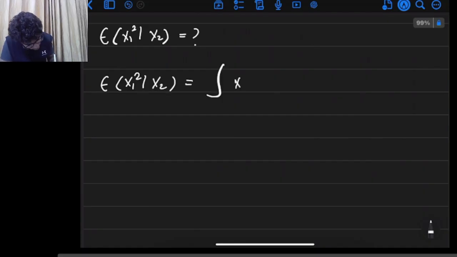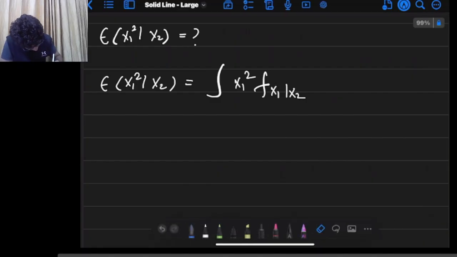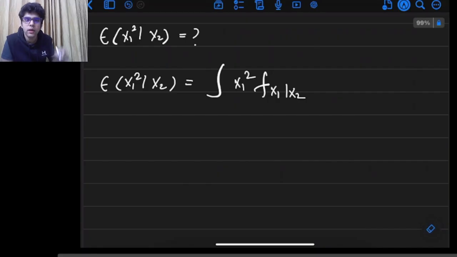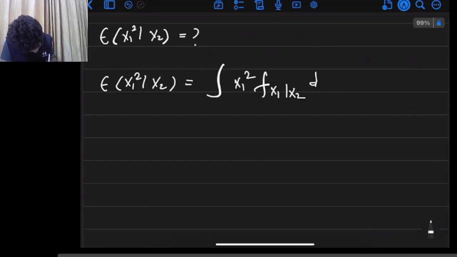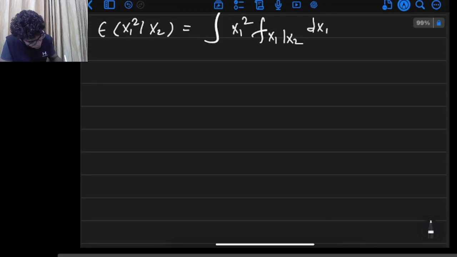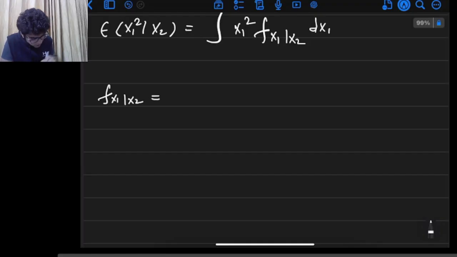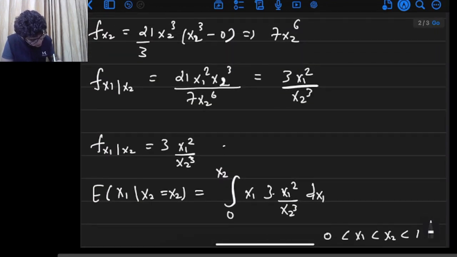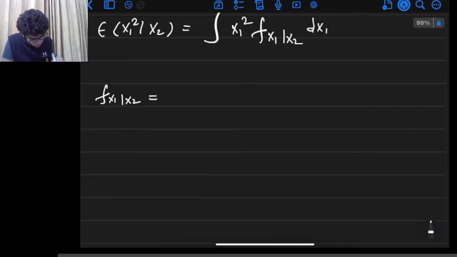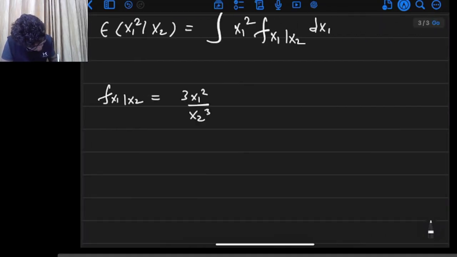The formula will be the integral of x1 square into f(x1 | x2) dx1. So we already know f(x1 | x2) is 3 x1 square divided by x2 cube.